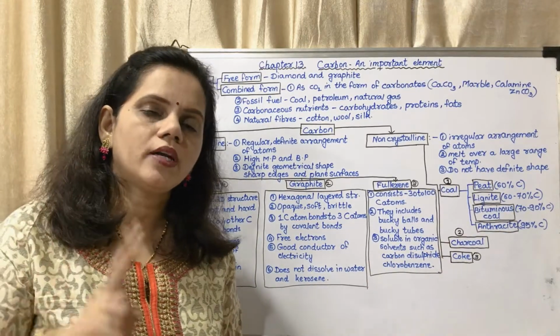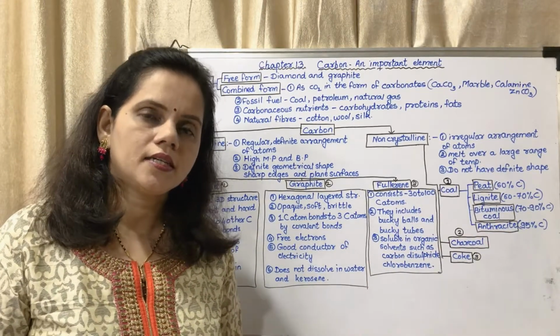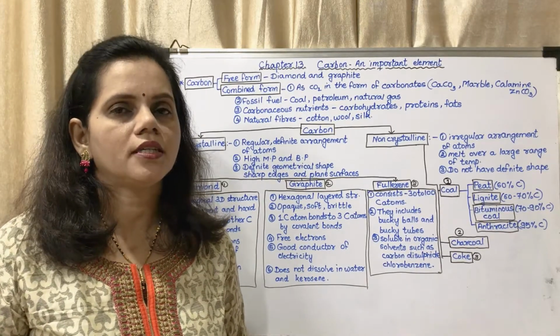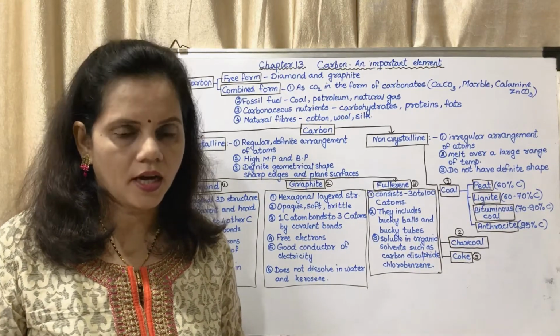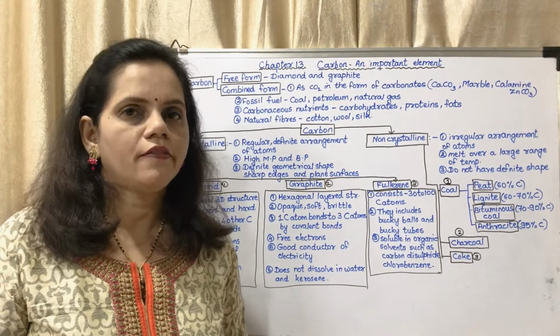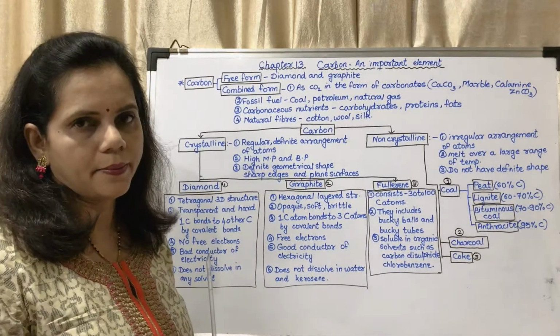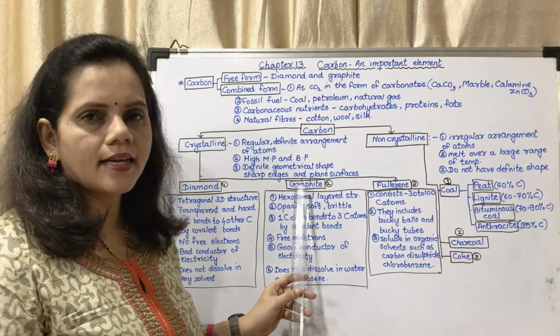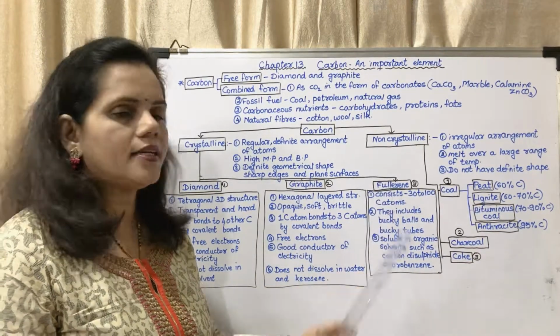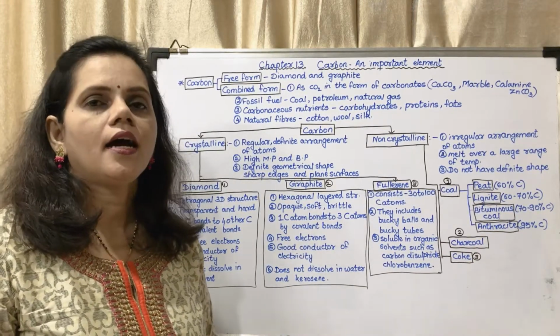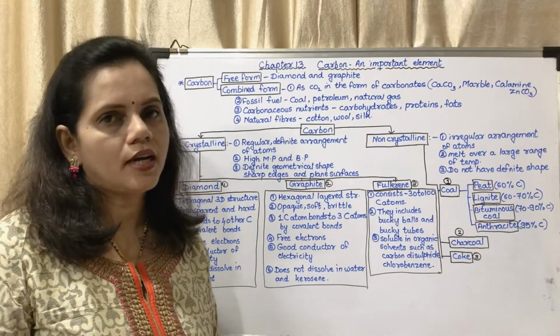So these are the two types of allotropes of carbon: crystalline and non-crystalline. First, we will study the crystalline allotropes of carbon. In our syllabus, we have three examples. First one is diamond, second one is graphite, and third one is fullerene.